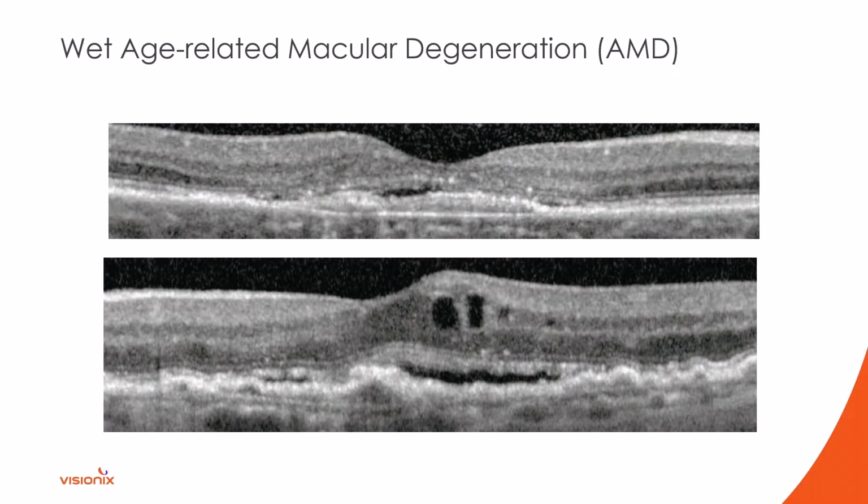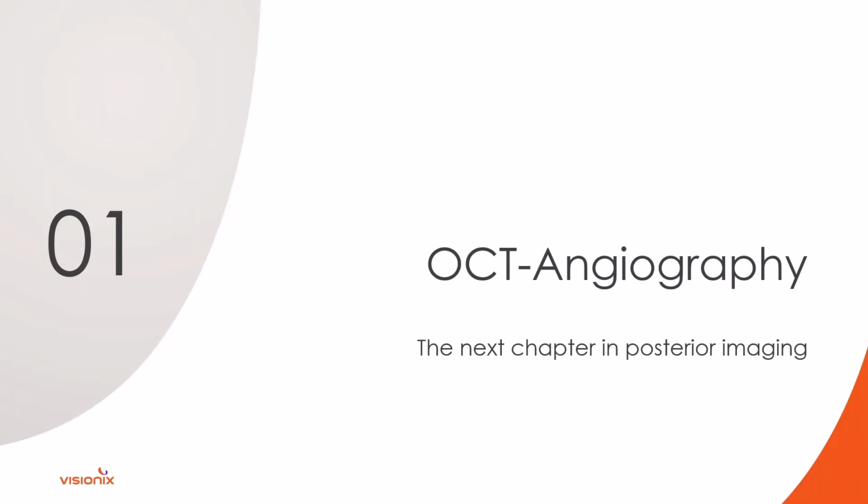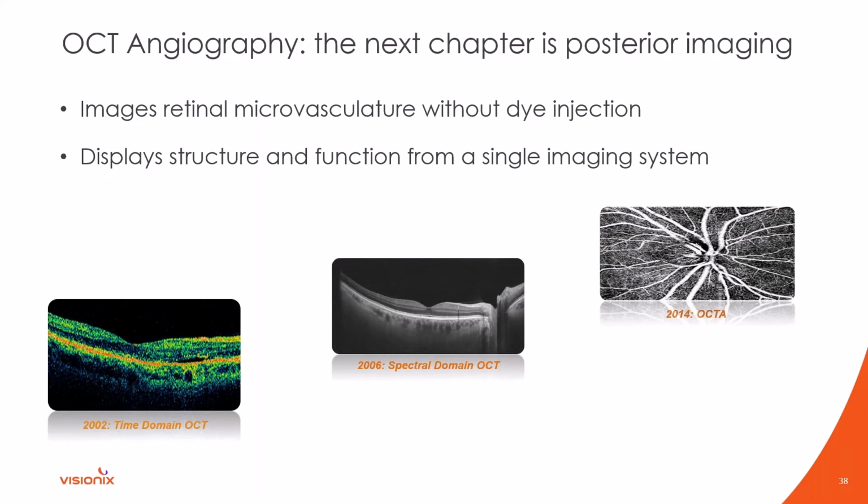So let's image this one step sooner, before it's leaking fluid into the subretinal space and the intraretinal space as well. And that's where OCT angiography, the next chapter in posterior segment imaging, really has a nice place in imaging these one step sooner. So OCT angiography, it's amazing how OCT has evolved over the course of the last 15 to 20 years.